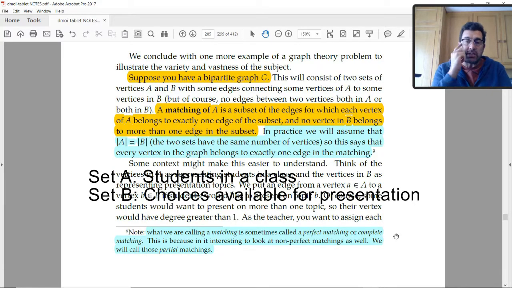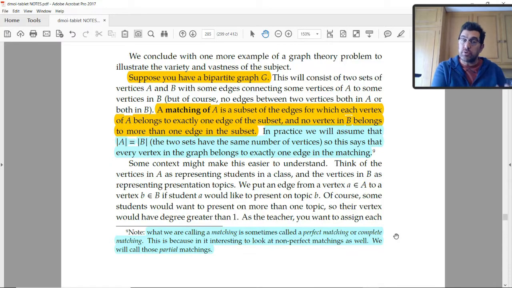We put an edge from every vertex A that belongs to the student set to a vertex B, which belongs to the set of topics that the students must choose. Of course, some students would want to choose from more than one topic. So the vertex will have a degree higher than 1 at that point. The vertex in B, clearly.